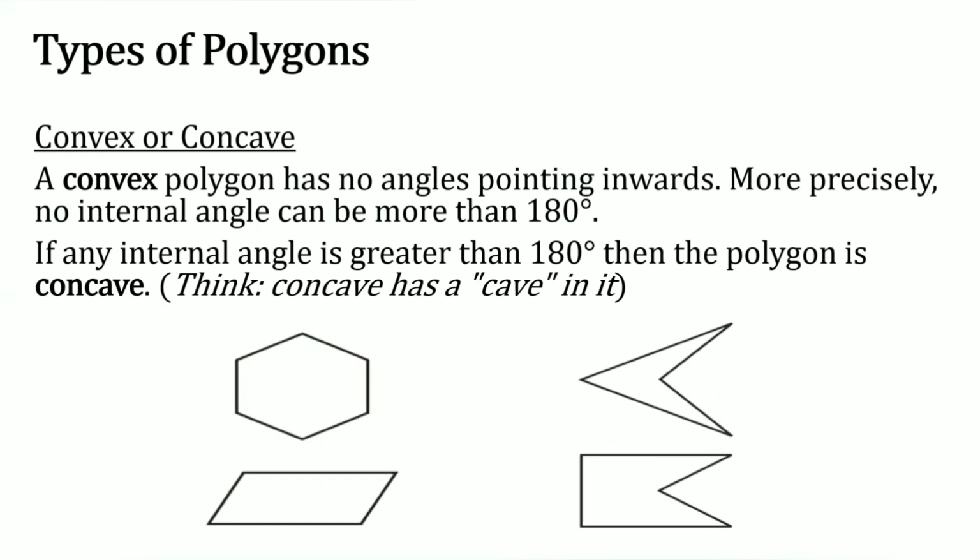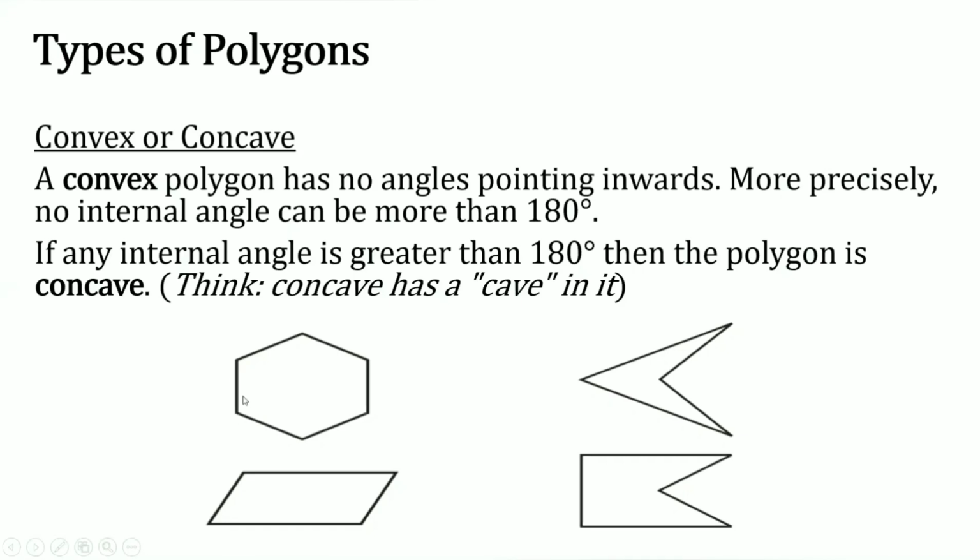Next is convex or concave polygons. A convex polygon has no angles pointing inwards, or we can say no internal angle can be more than 180 degrees. Now, here, these are the examples of convex polygons. Here in this hexagon, you can see all the internal angles, means angles which are inside or in the internal part of the polygon.